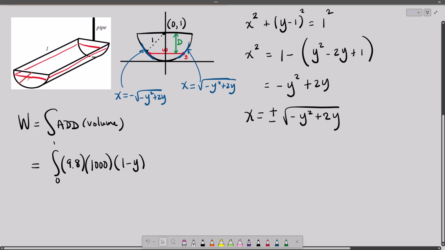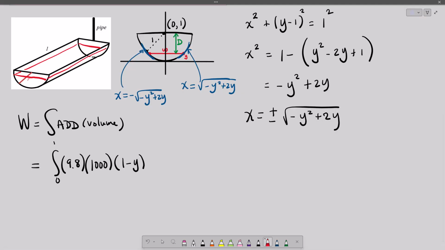Now volume. Volume means the volume of a slice, not the volume of the trough. So we're now imagining our cross-section having a little bit of thickness. So we're going to run this thing all the way around. It's going to look like a total mess. So we take our cross-sectional area and multiply by dy.